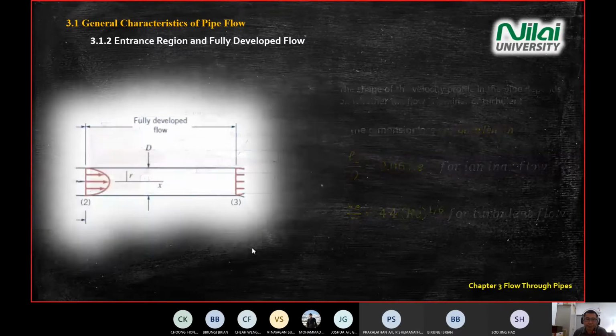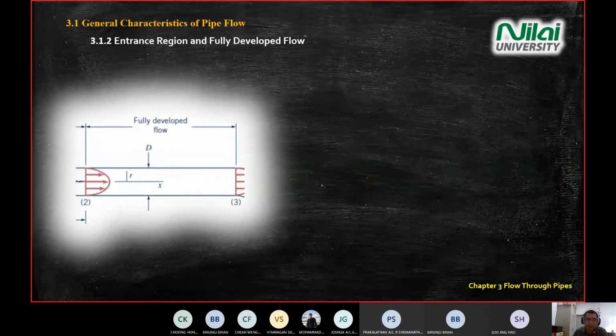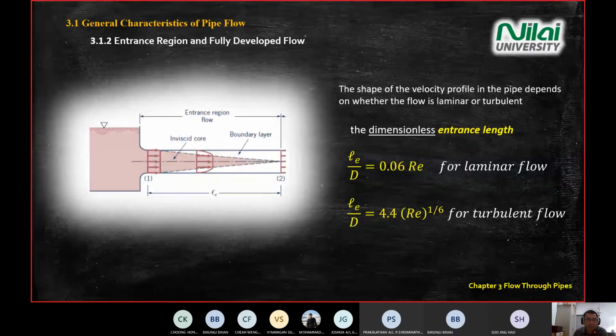Okay. Oh, your question is whether transition is laminar or turbulent, is it? Is that your question? Transition. Yes.